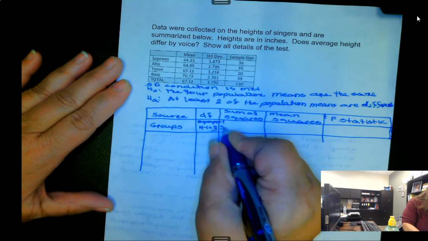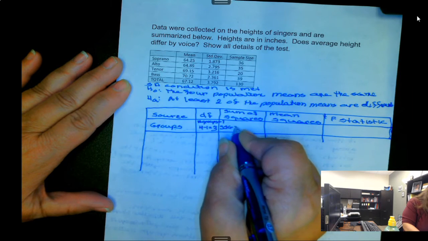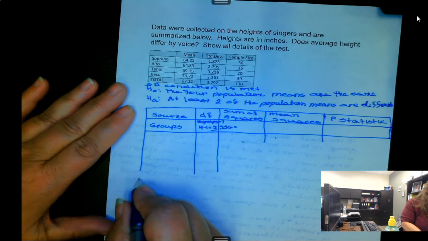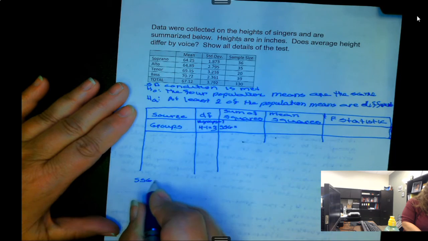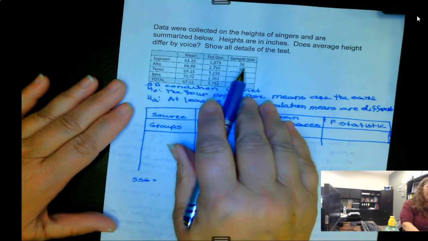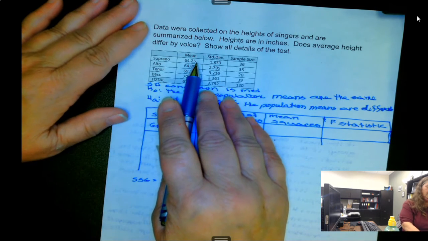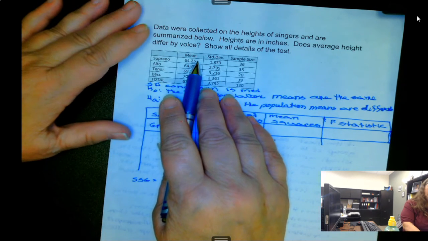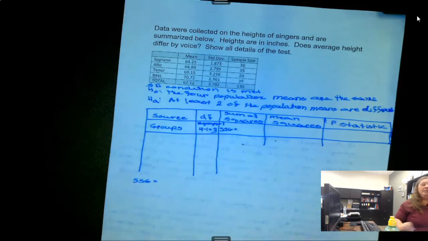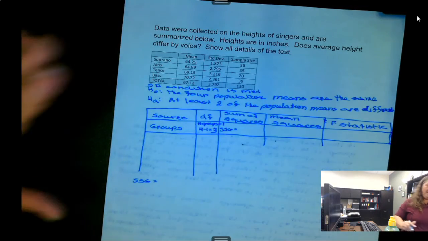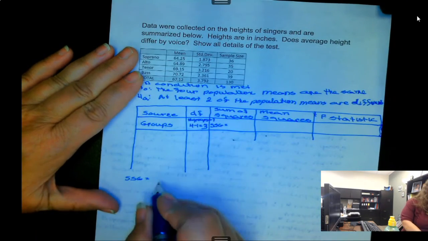The sum of squares, call it SSG. To get the SSG, you have a sum. You take the sample size times the group mean minus the total mean squared for each group.